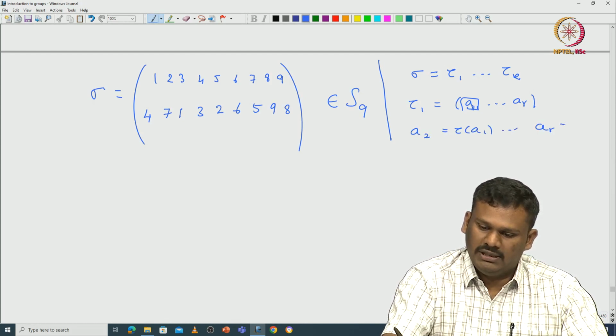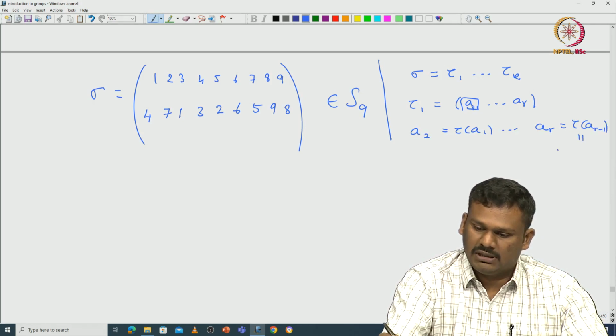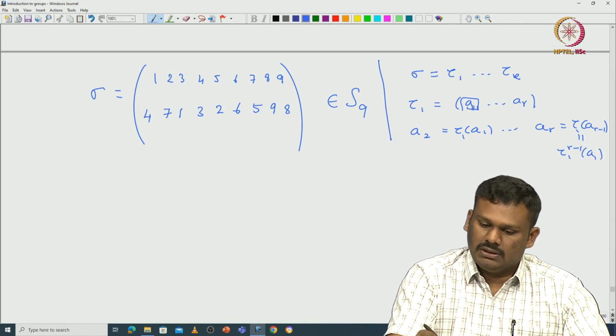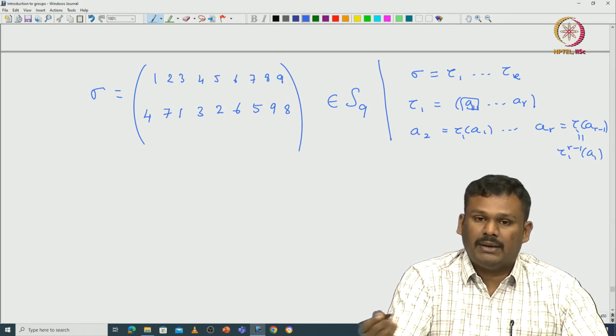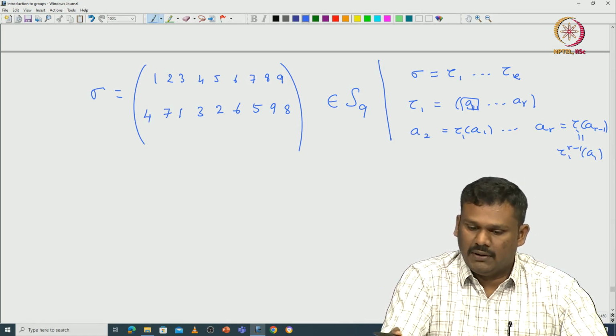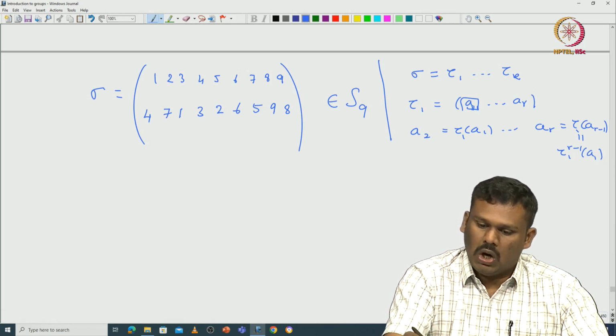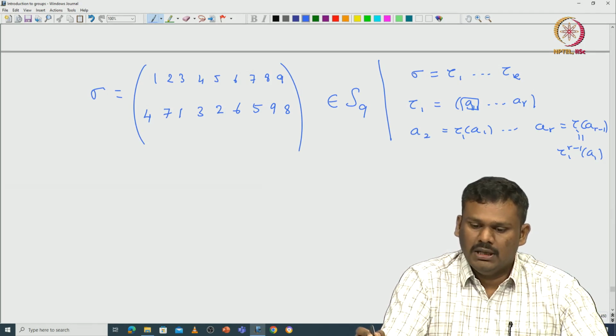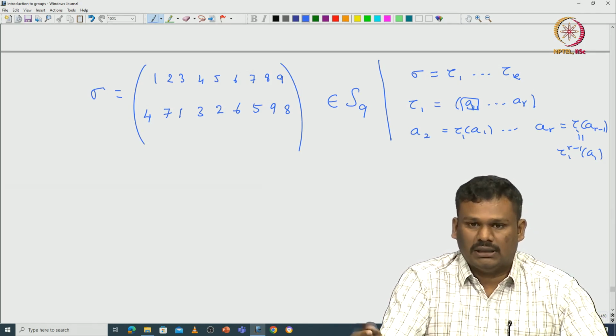Then ar will be just tau 1 of a(r minus 1), which is the same as tau 1 to the power r minus 1 on a1. So you start with this a1, repeatedly apply tau 1 on it, and you obtain all other elements that appear in tau 1. That way you can reconstruct tau 1.